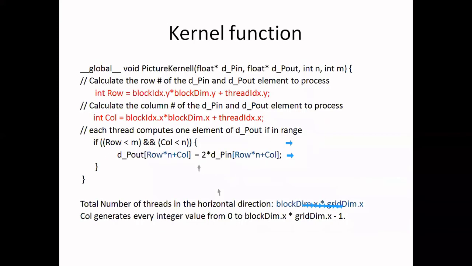So now, this is your kernel function for multiplying each pixel by 2. Somebody has used annotation here, right?